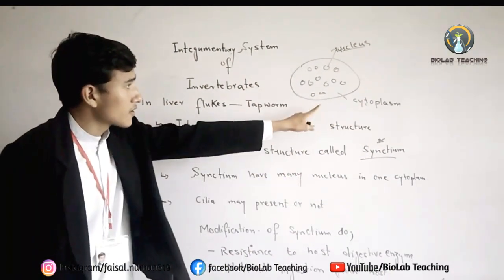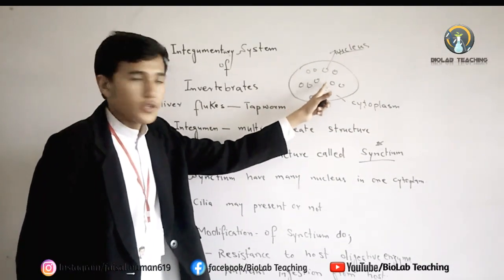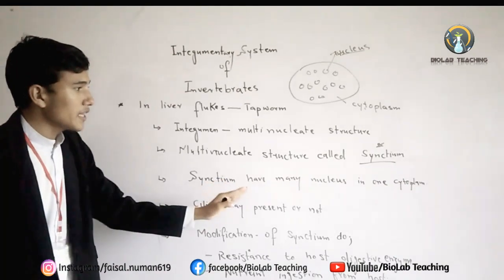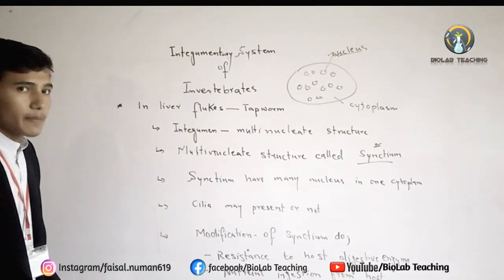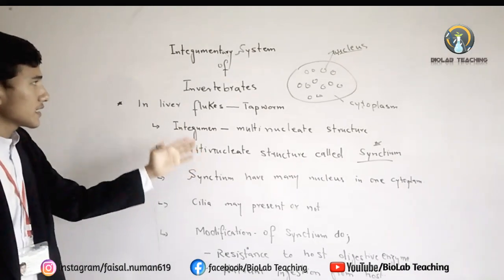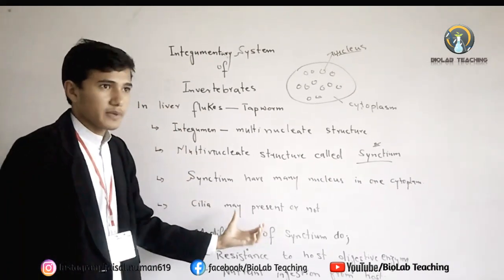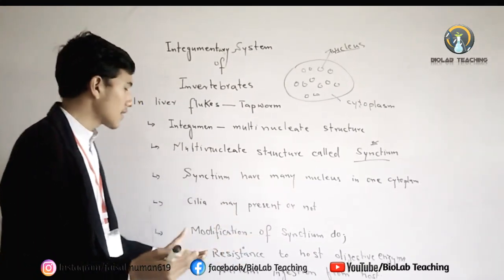The syncytium is the structure in which a lot of nuclei are present in one cytoplasm. The cilia may be present or not present. This means that in the neodermata integumentary system, the cilia may be present in some species and not present in others.